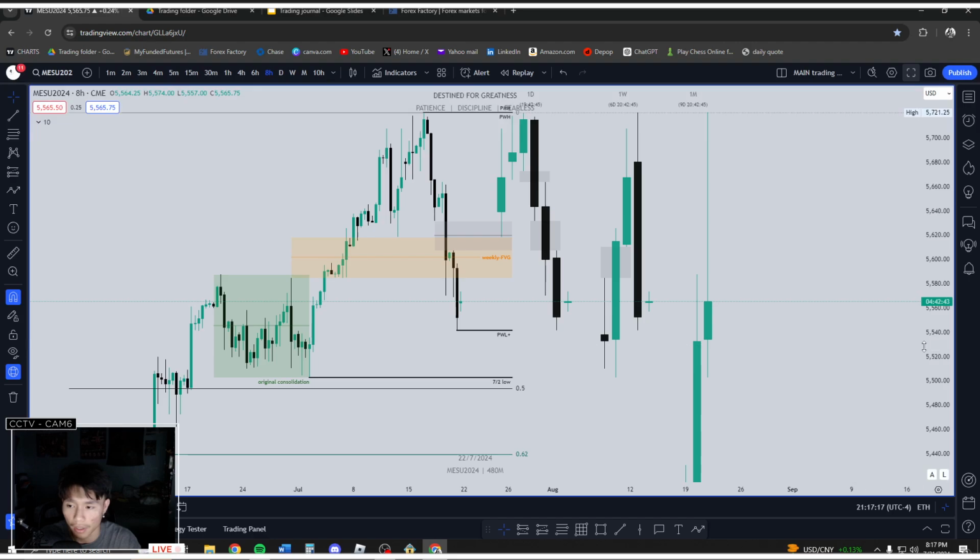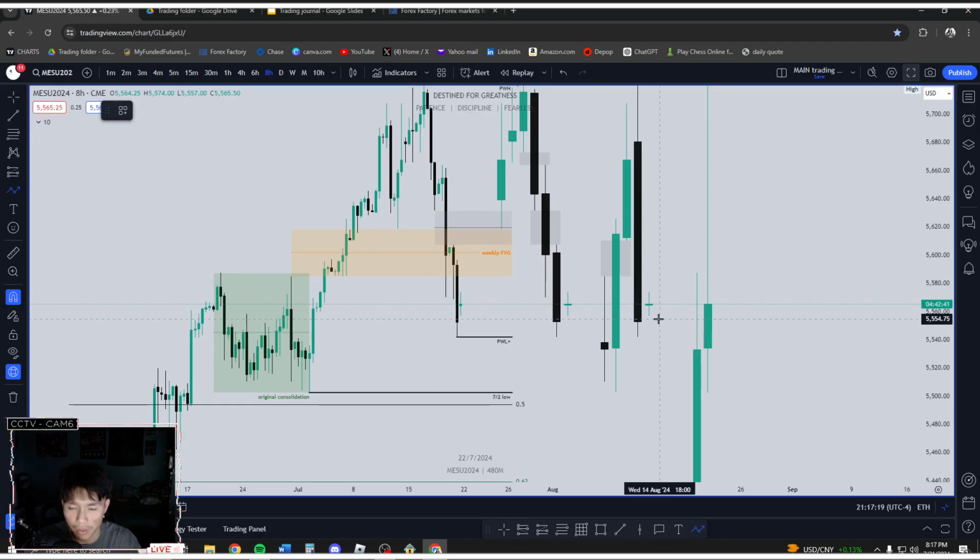So let's say we take out previous week's low. I want to not see us give an immediate rebalance. I want to see us create a weekly fair value gap, because that would set us up for next month's trading.